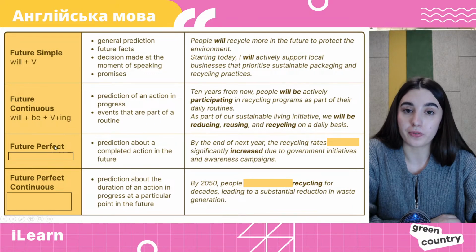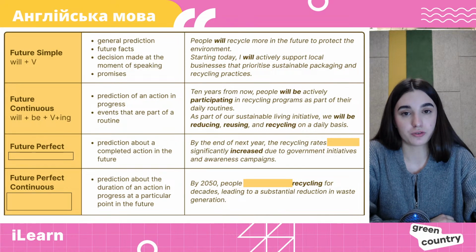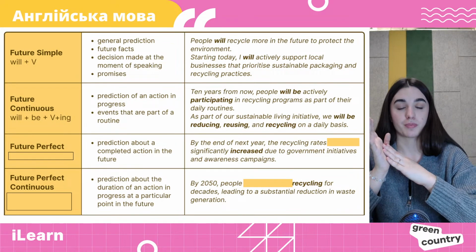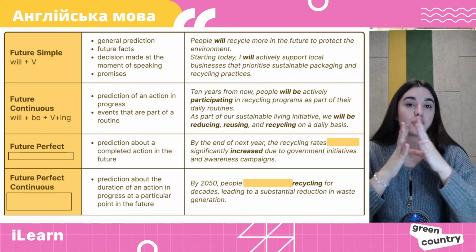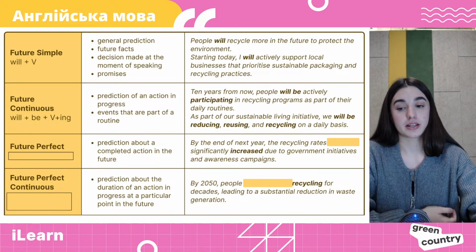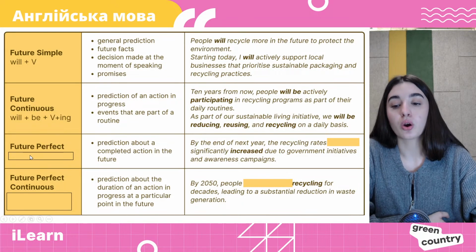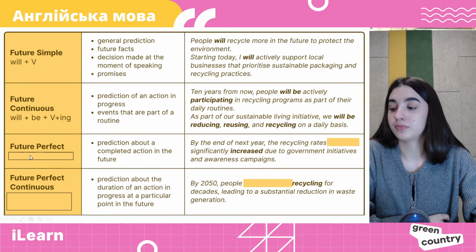Great. Now, let's see what we have in future perfect. So, future perfect is a prediction about a completed action in the future by some time. For example, by the end of the next year, I will have passed my exam. So tell me please, what is the structure of future perfect?